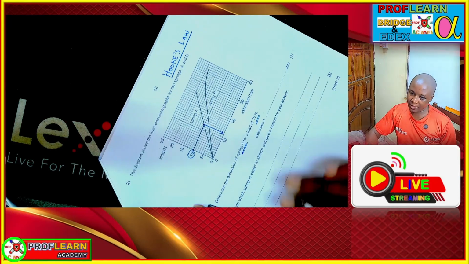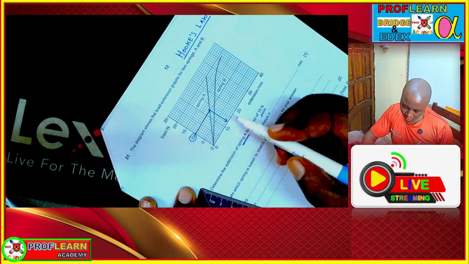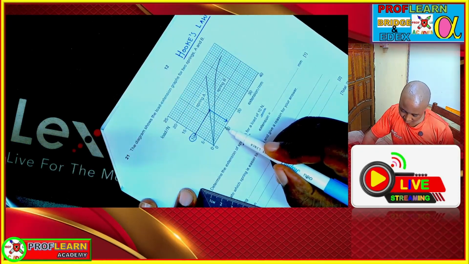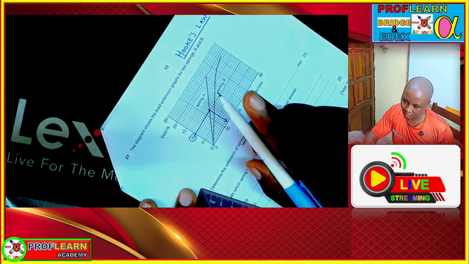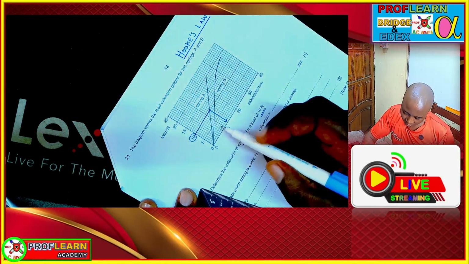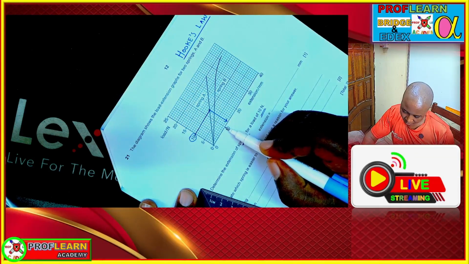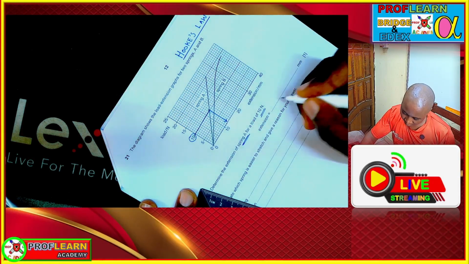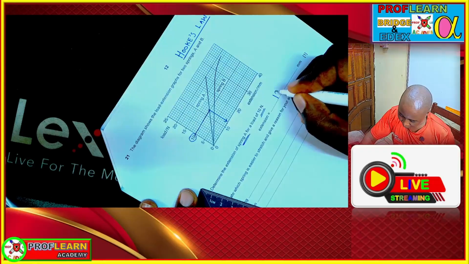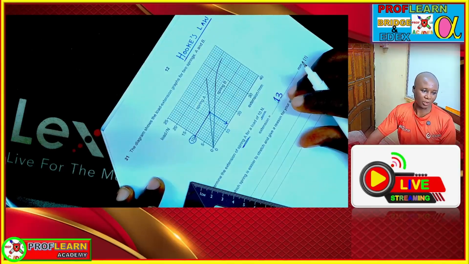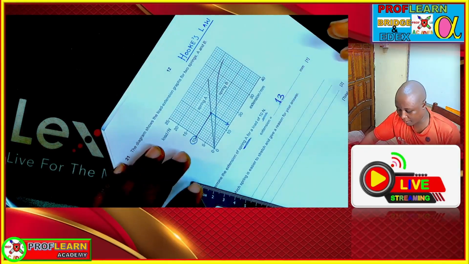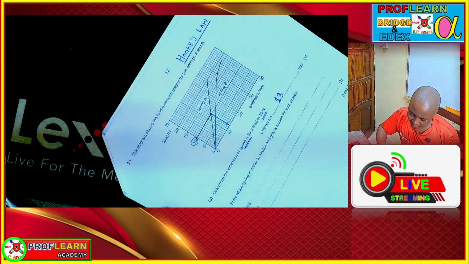Basically that's what you're going to do there. If you have 10 small boxes, this means one small box is 1 unit in each case. So that is going to be 10, 11, 12, 13. So we are going to say this is 13 millimeters. That is the extension. Extension means how much the spring stretches.